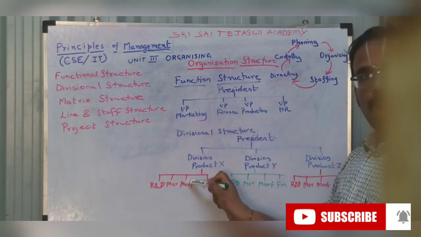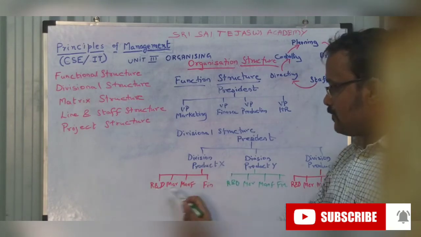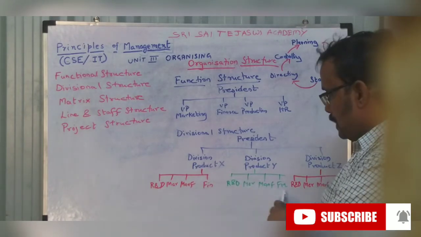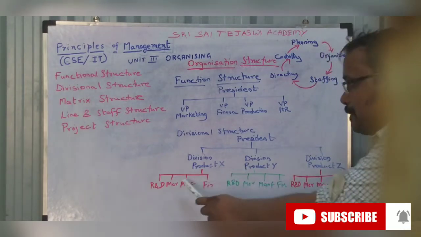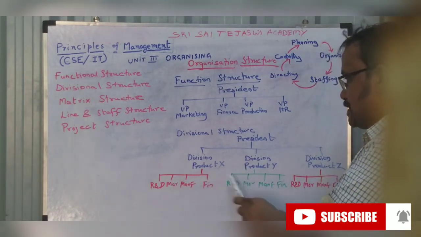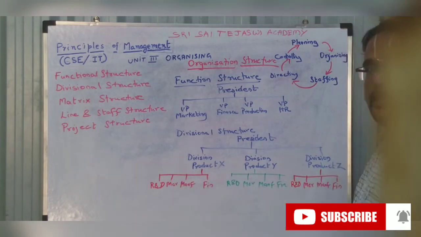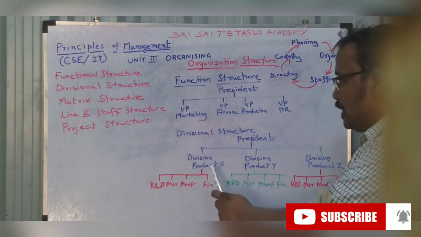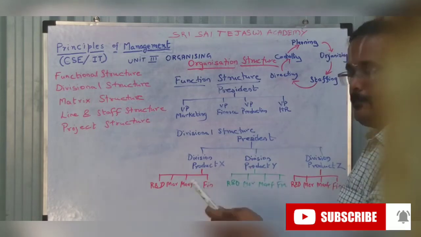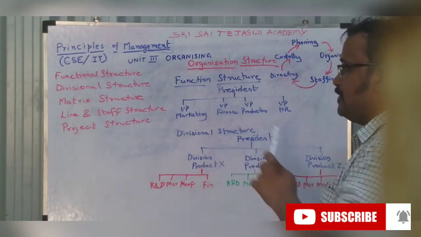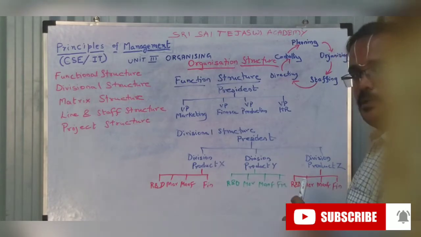Everything will come here for this product, and the same thing is repeated again and again. But this manufacturing is different from this manufacturing, this marketing is different from this marketing, this finance is different from this finance. People are different, function is the same, but they work for that division, and these work for this division.